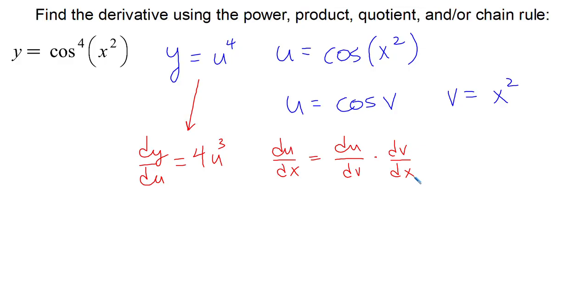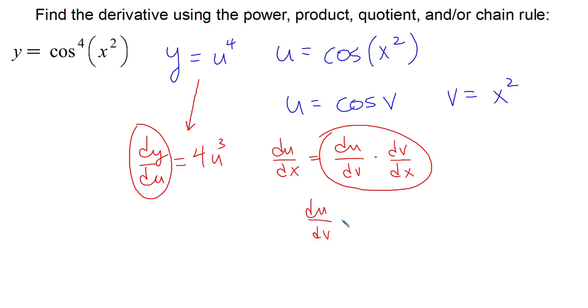So we originally wanted dy du times du dx. So really what we now need is dy du times du dv times dv dx. So du dv is negative sine v, and dv dx is 2x using the power rule.